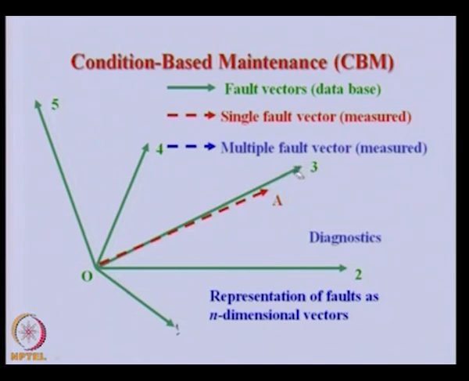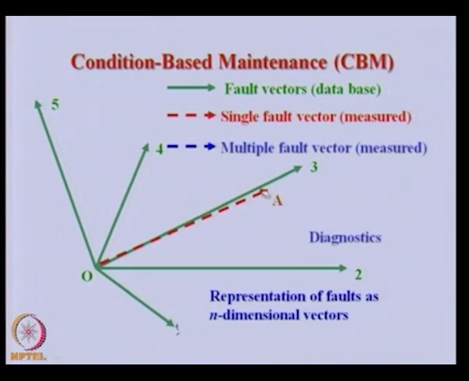That means it is representing that whatever the fault is in the system, which is unknown to the user, the database is predicting that there is fault 3 in the particular machine.